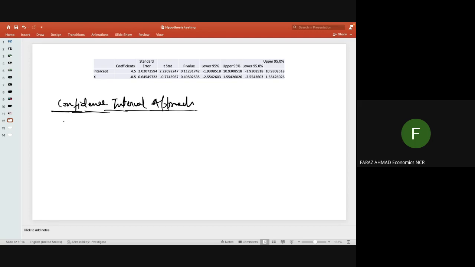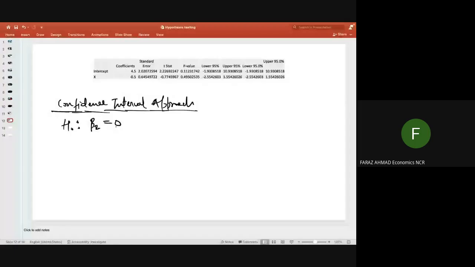Whatever approach you are following, null says that beta 2 is 0. So in the population, x and y are not related, right? So that's the null. And alternate hypothesis is that it is not 0. That means that x and y are actually related in the population, right? So it remains the same.